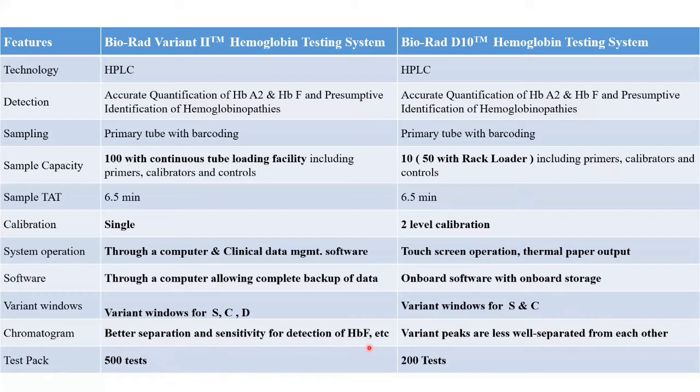There's better sensitivity for detection of F. Whereas in case of D10, the variant peaks are less well separated from each other. The throughput is also lesser compared to Variant 2. So comparing the two machines, the superior machine is the Variant 2 because it's more specific for detection of hemoglobinopathies compared to D10.